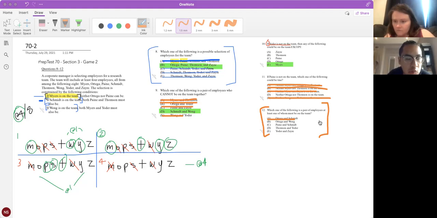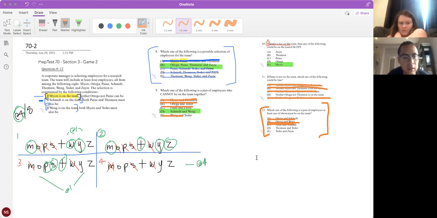OW. I think OW is possible to have them both out, right? Because in number 4 you can cross off O, and W is already crossed out. PS, 1 has PS both out. I think the answer might be TY.